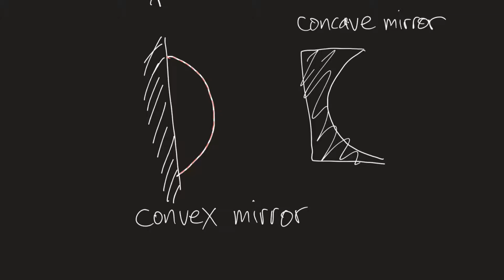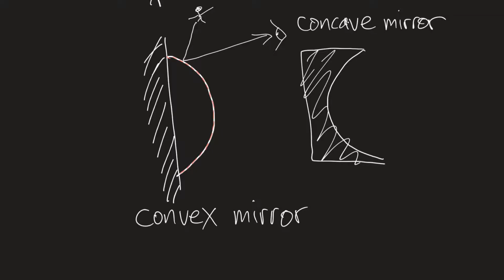So the convex mirror, this one here, quite often you see them on the roadside or outside of a driveway or the corner of a store. That is because when light reflects off of it, it tends to reflect at very sharp angles. So if somebody was on this side of the store trying to steal something, shoplifting, well, then the store owner should be able to see them from a large angle, because that light will reflect off there and then into the owner's eyes. And then the shop owner can call the police.